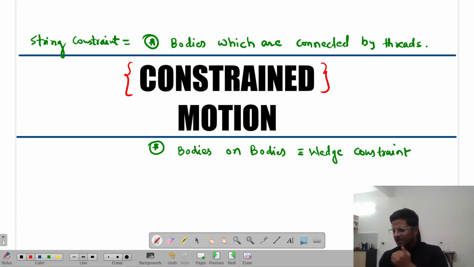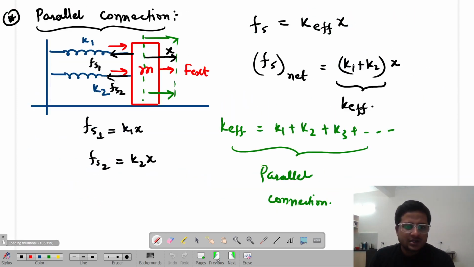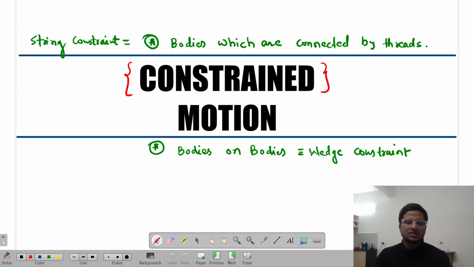Whatever we have studied so far didn't have very good questions, but including this topic, after that the things will pick up in a very good sense. We are going to bring something called constrained motion. Another name for this is restricted motion. The word constraint itself means restricted.